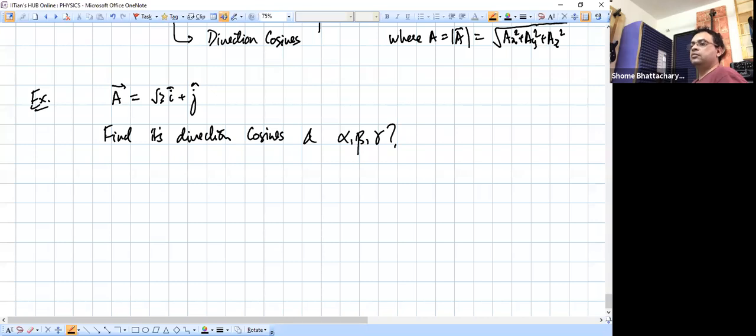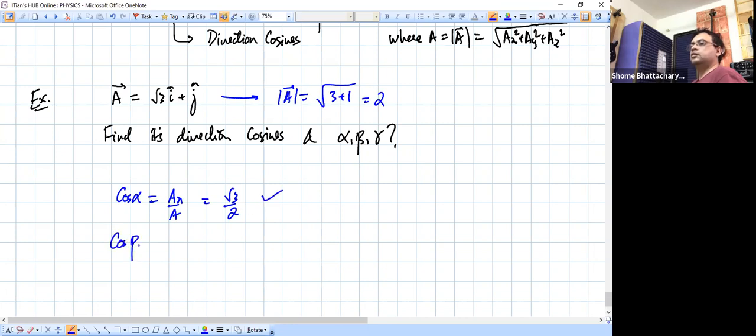By formula, cos alpha is ax upon a, so that will become root 3 by 2, because the magnitude of the vector is 2. That is your first direction cosine.